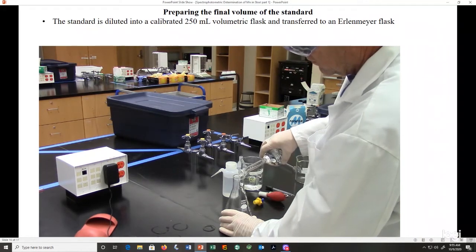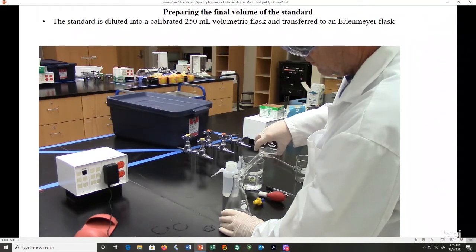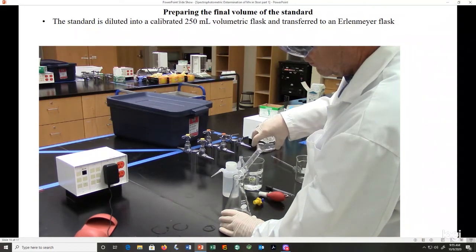Finally, we're going to pour that into an Erlenmeyer flask because we need to use our calibrated 250 milliliter volumetric flask for a 1 to 10 dilution.